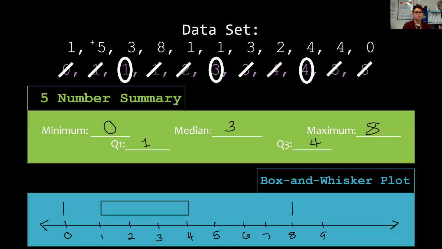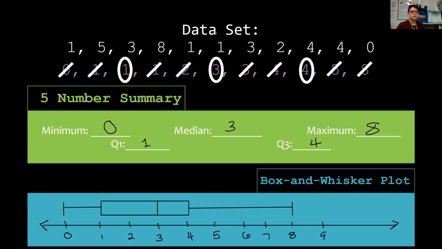Our median is inside the box, so we're going to find our median 3 and draw a line from one side of the box to the other. And the last part is to connect our whiskers, or our minimum and maximum, to the box with lines. And this is how we draw a box and whisker plot.